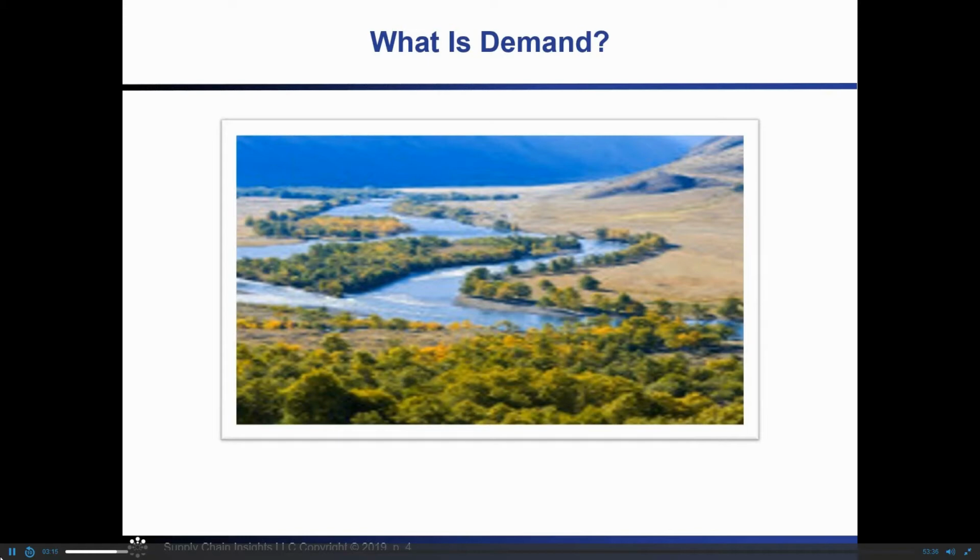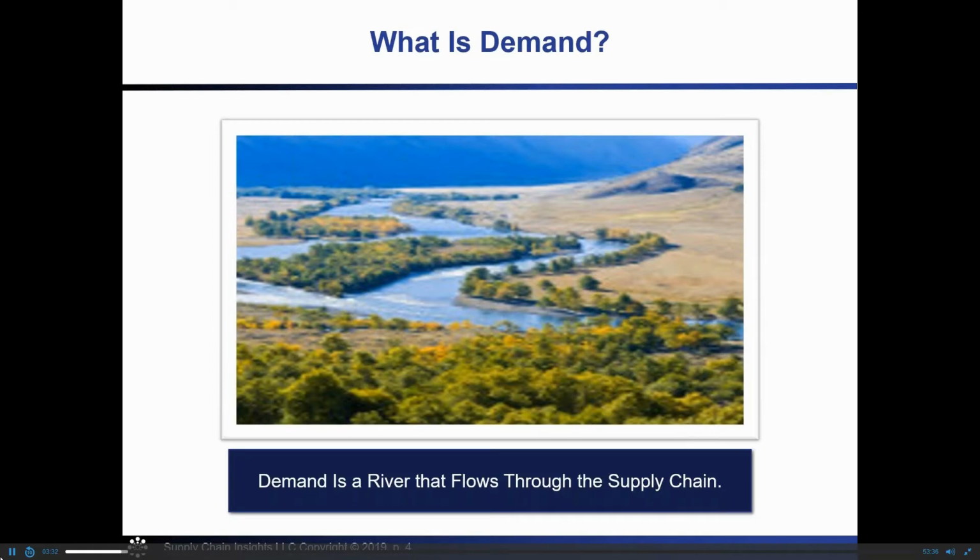Where we choose to take the snapshot for forecasting really is based upon the goal, and the frequency in which we do that is based upon the velocity of the river. Now, the data that we use should be reflected on the goal, and we cannot lose sight of the fact that, despite working with time series data, demand is a river.